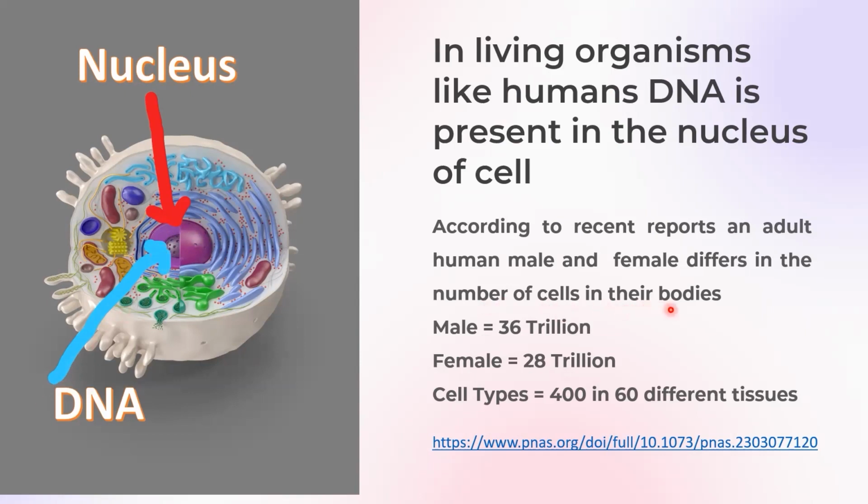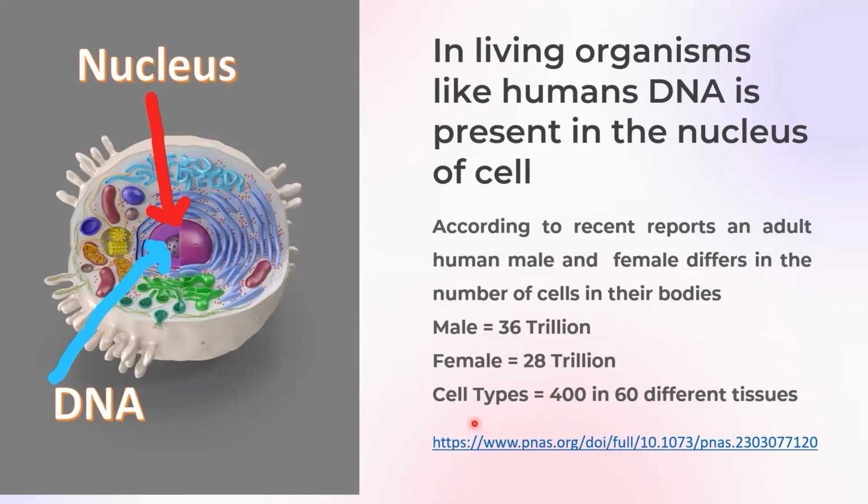Now, the fascinating thing is that almost every cell has a complete set of DNA. An adult male has 36 trillion cells. Yes, 36 trillion. Females have relatively fewer cells, about 28 trillion.